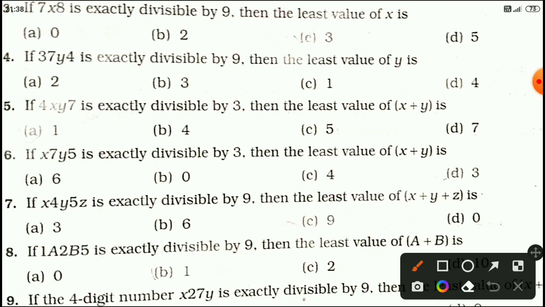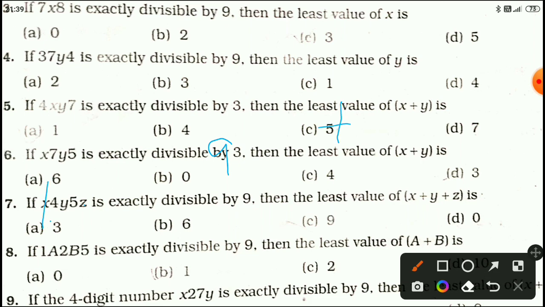Question number 7: x4y5z is exactly divisible by 9, then find the least value of x plus y plus z. It's so easy. 5 plus 4 is 9, and we have to add 9 here.